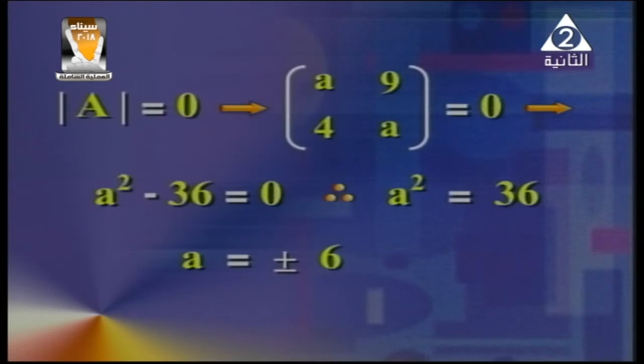We multiply all elements on the first diagonal, A times A squared, minus all elements on the second, 4 times 9, equals 36. Then A squared minus 36 equals 0. Therefore, A squared equals 36. Then A equals positive or negative 6.